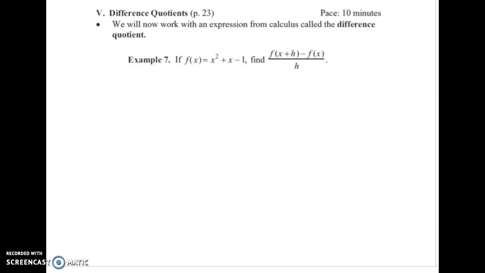We will now work with an expression from calculus, and it's called the difference quotient. Now, we did discuss the difference quotient in our pretest a bit. Probably one of the most interesting concepts in the very beginning of pre-calculus. It is a very neat precursor to something called the derivative.